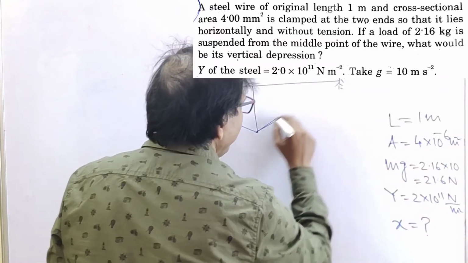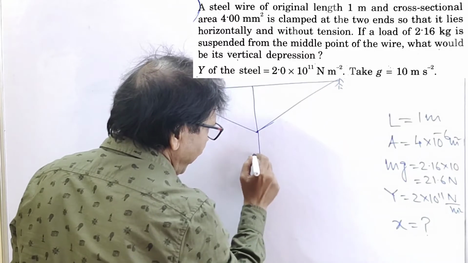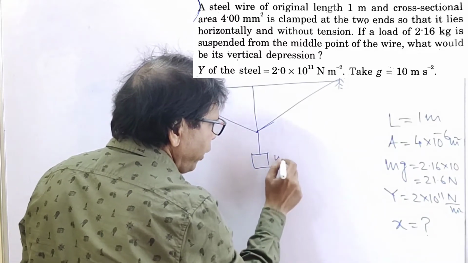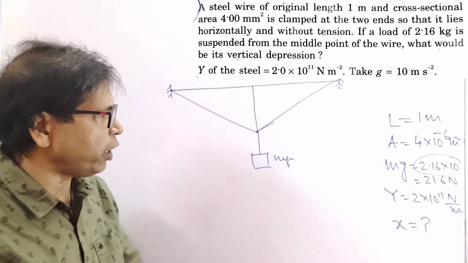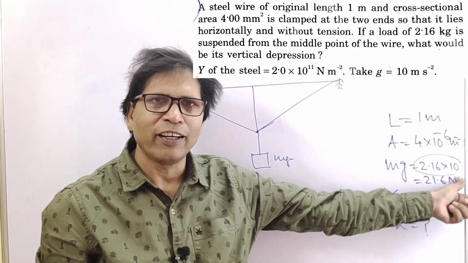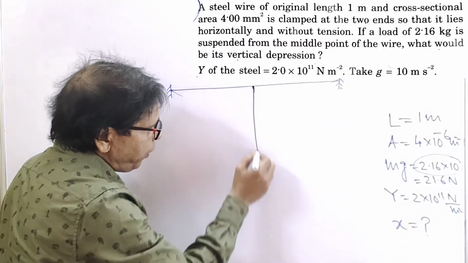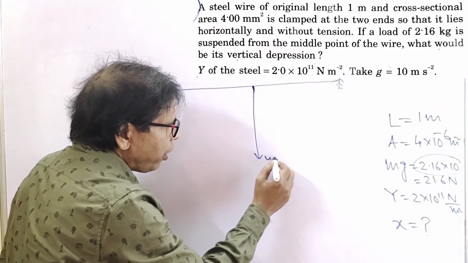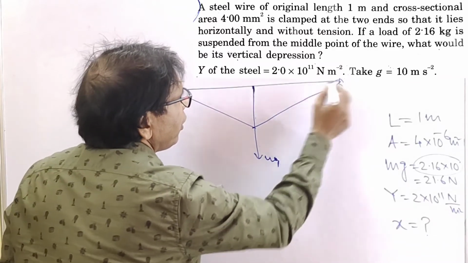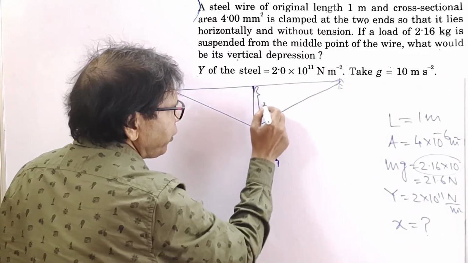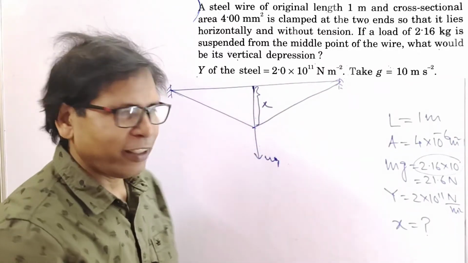Now a load mg is placed at the midpoint. Here mg is equal to 21.6 Newton. If a load mg is placed here, the midpoint is depressed like this. So we have to calculate this vertical depression.